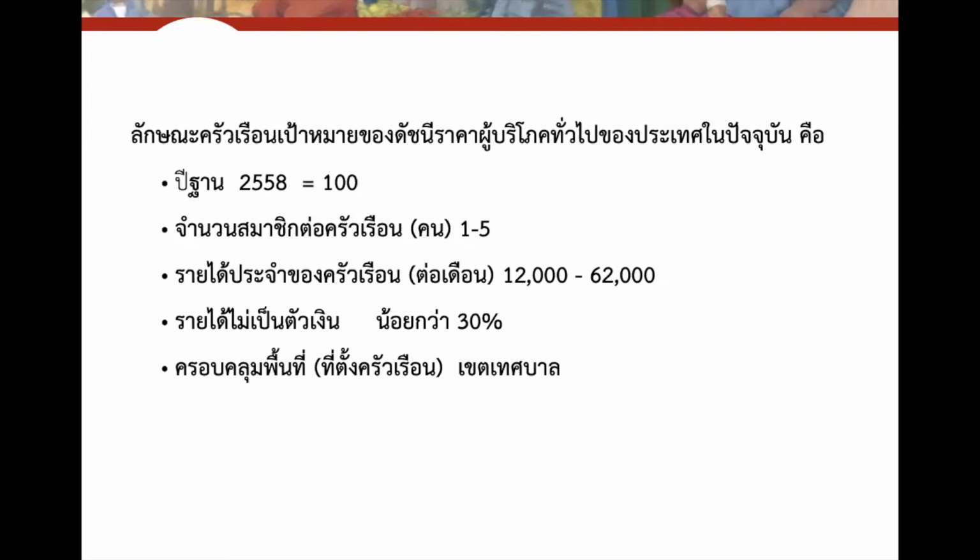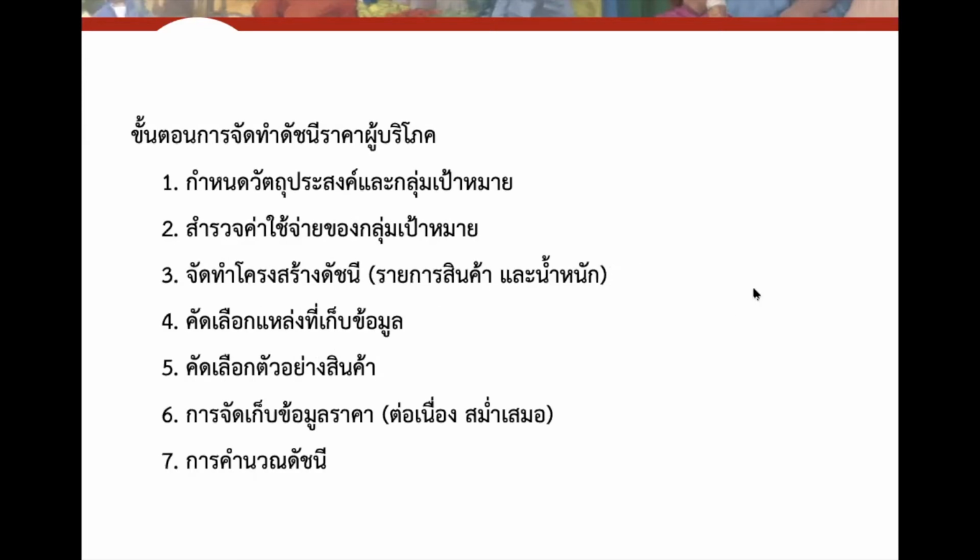So in this case, the CPI that we will study may not reflect the cost of your standard of living, but it affects most of the Thai people in this case, right? Okay, what are the steps to do the CPI? Okay, this is similar to the English version, so I will skip that.